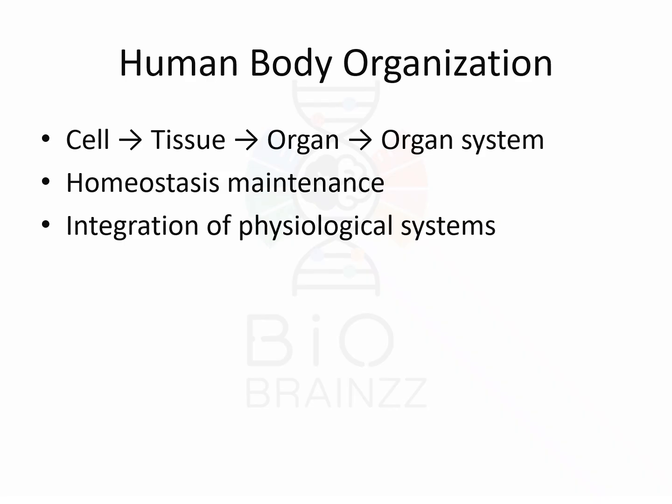These organs work together as organ systems to maintain the internal balance of the body, known as homeostasis. The coordination between different systems ensures that physiological conditions such as temperature, pH, and nutrient levels remain stable despite changes in the external environment.